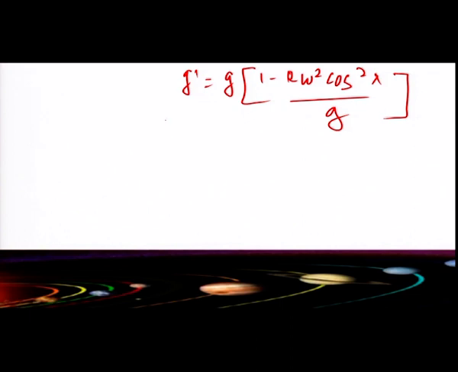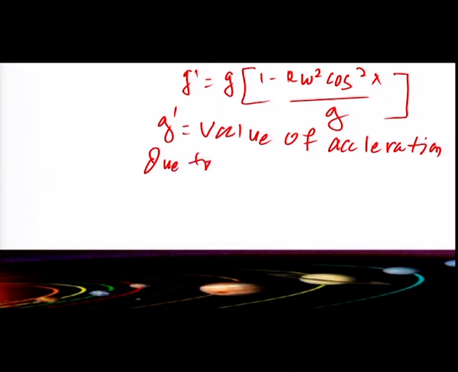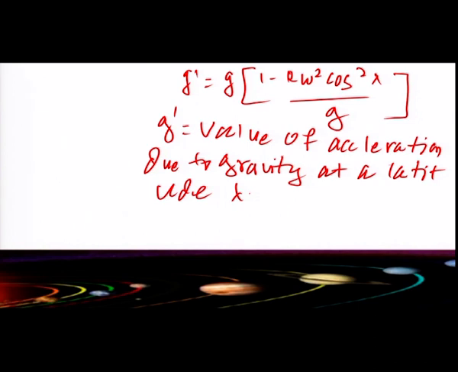The formula is g dash is equal to g into 1 minus r omega squared cos squared lambda by g, where g dash is the value of acceleration due to gravity at a latitude lambda.